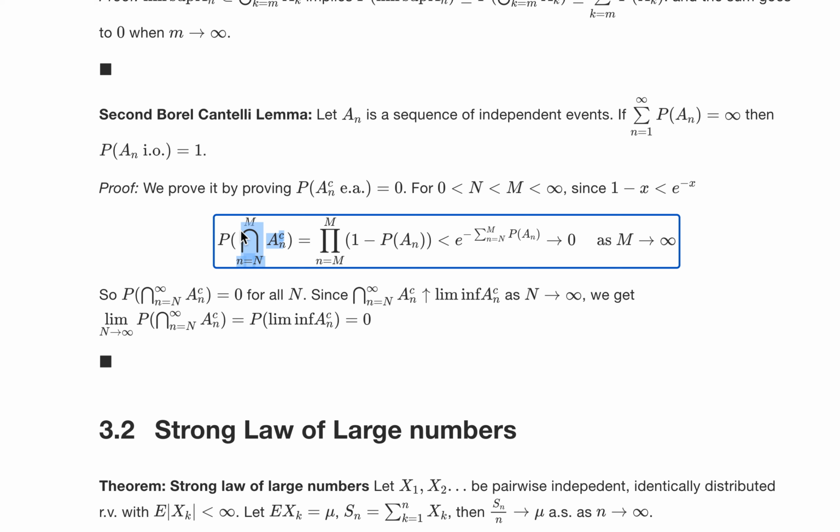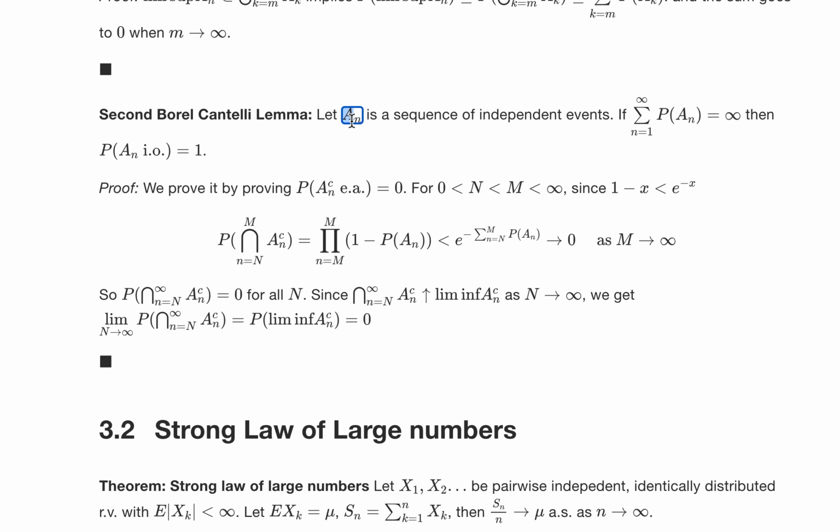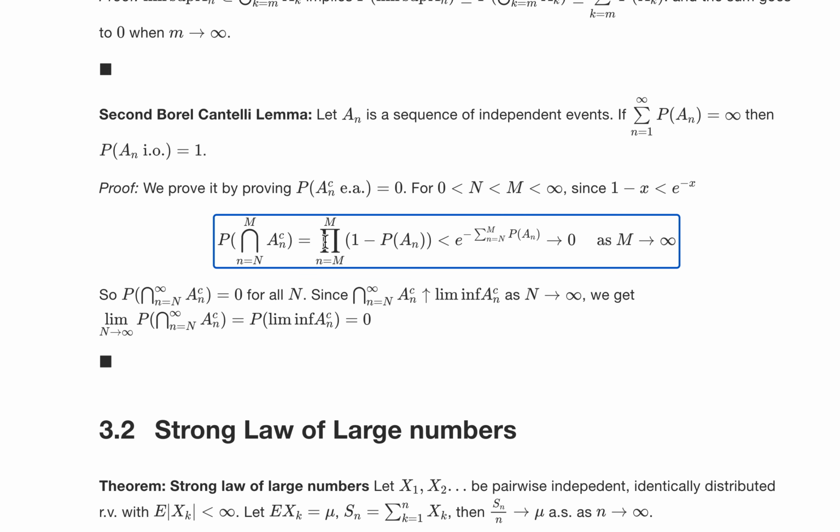The independence of a pi system implies independence of the sigma field generated by the pi system. That's a little bit more mathematical, analytical stuff, and I try to avoid it here. So just remember, if A_n is a sequence of independent events, then their complements are also independent.